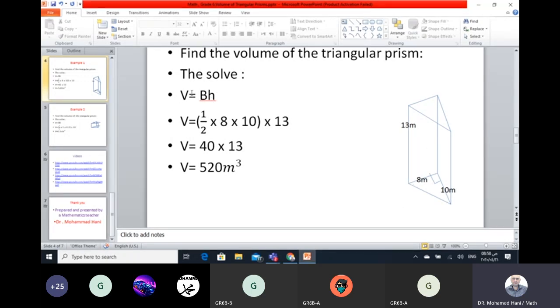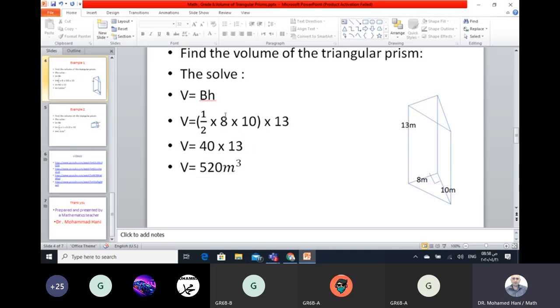In the formula, H here means the height of the prism. How to solve? Use the formula of area of a triangle. What is the formula of area of a triangle? 1/2 multiplied by the base multiplied by the height of the triangle.